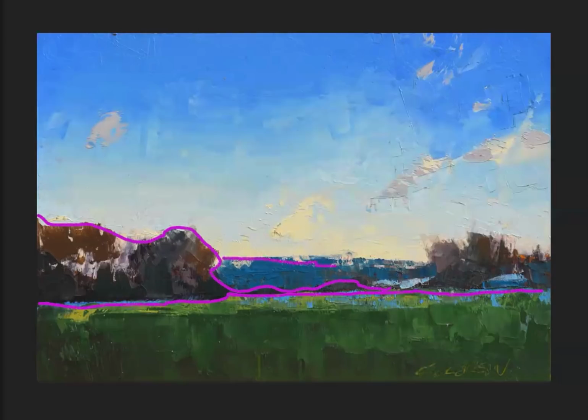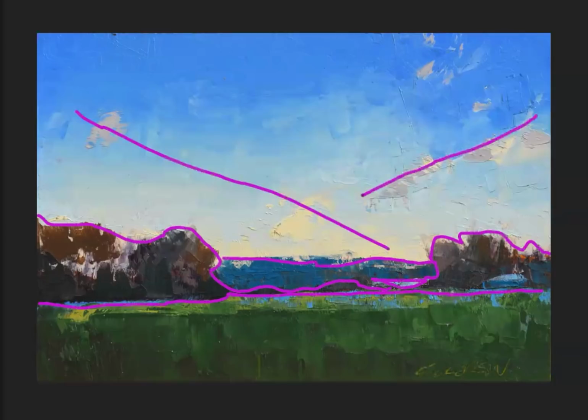You've also got that line here in the back and another implied line over here in the trees, and even a little one right here that helps to create that triangular shape. The clouds themselves form an implied line that all swoop in to each other, leading to that spot again. So there's a lot of line that is also pulling your eye towards that same focal point, that exact focal point.